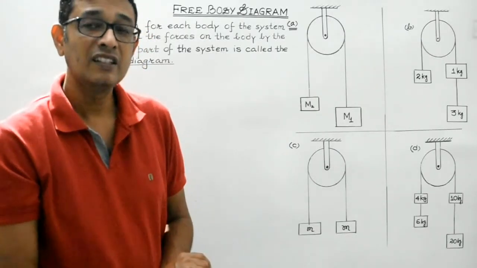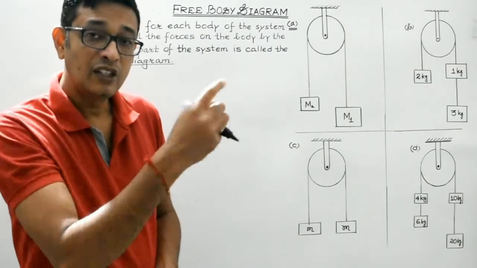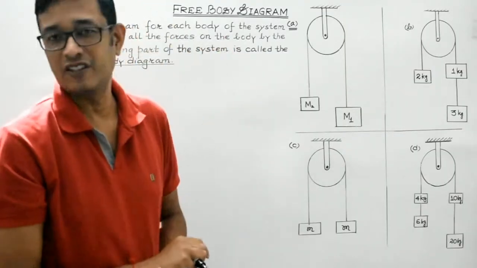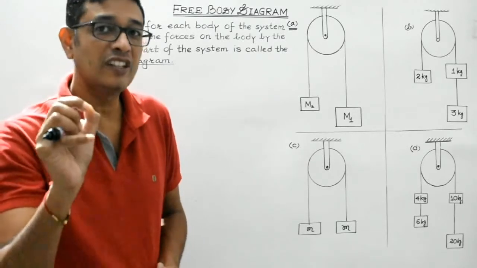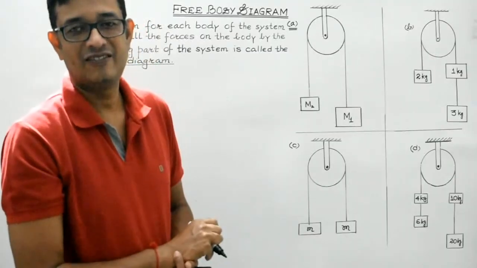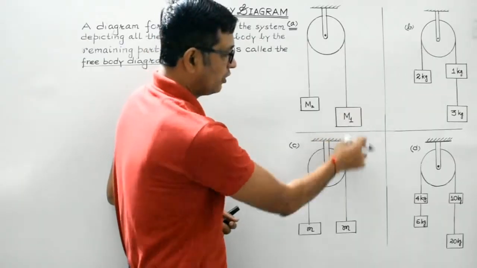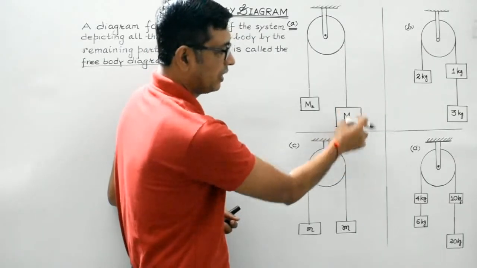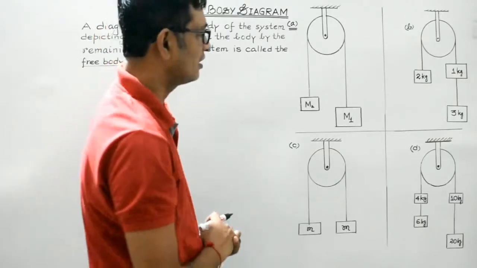So basically, a force which acts along this string towards the point of suspension will be known as the tension in the string or tension in the thread. Right? Suppose this is the body, it will experience a gravitational force that is known as its weight, force of gravity, isn't it?